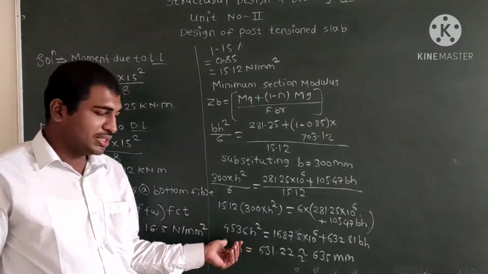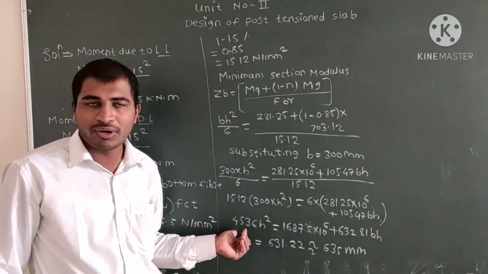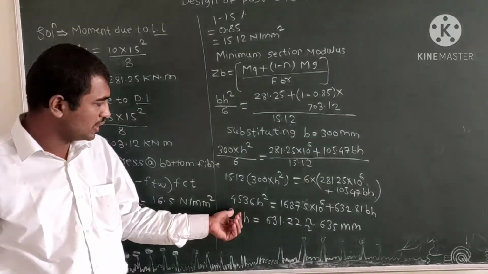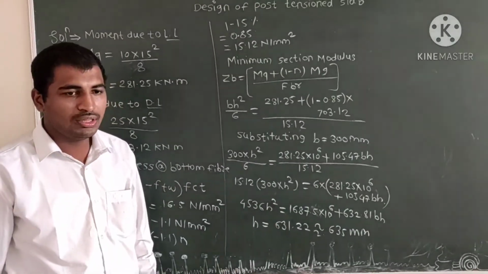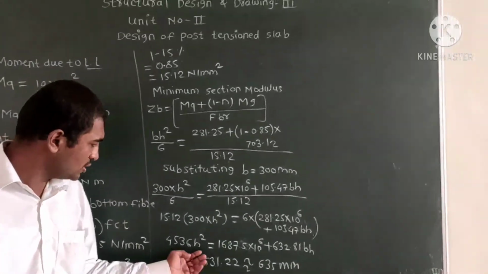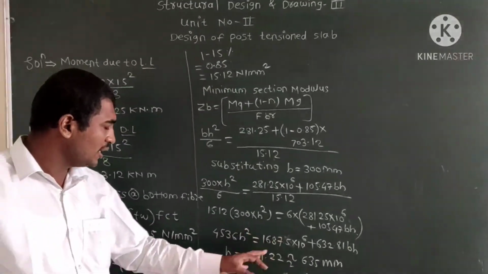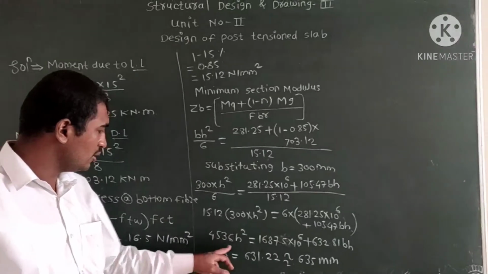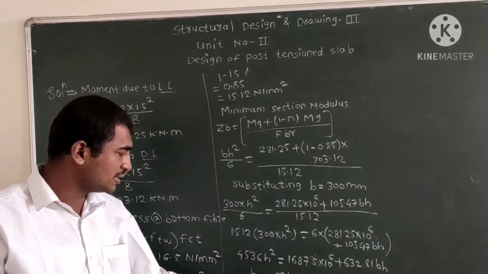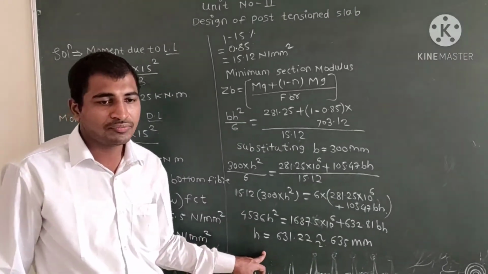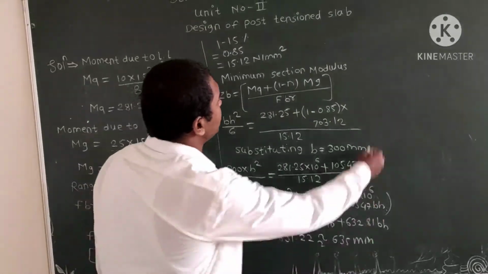Taking all terms to the left hand side, we get the equation equal to 0. Then find out H. H is 630.